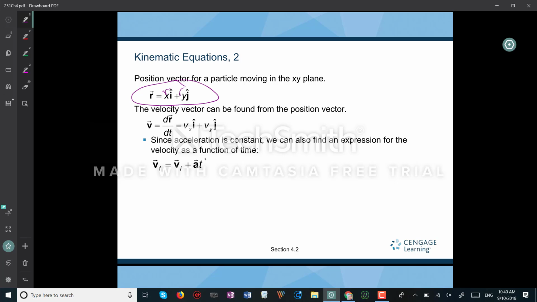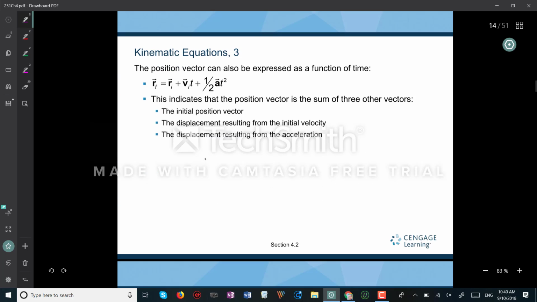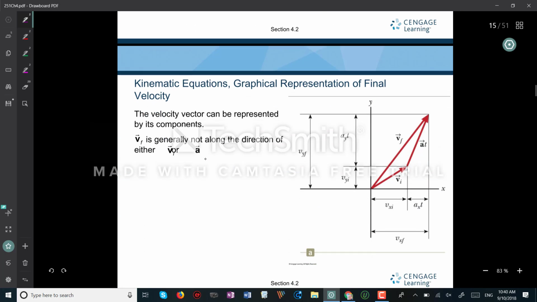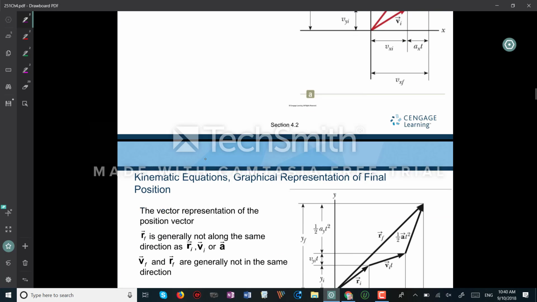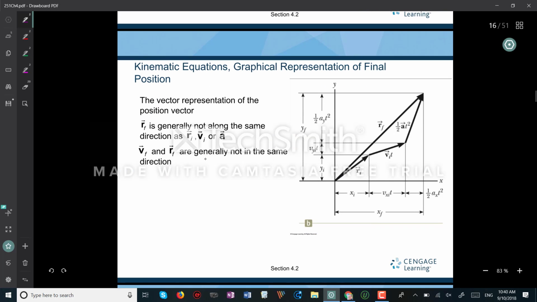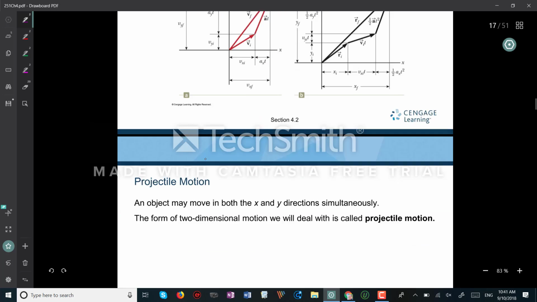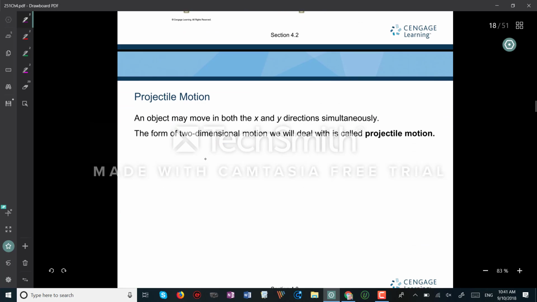And so again, I can use the relationships we obtained for uniformly accelerated motion and obtain the results for either the i component or the j component. So this is sort of a repeat of what we just did in chapter 3.